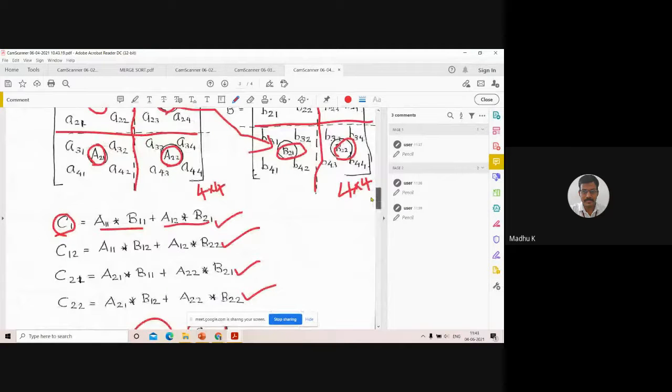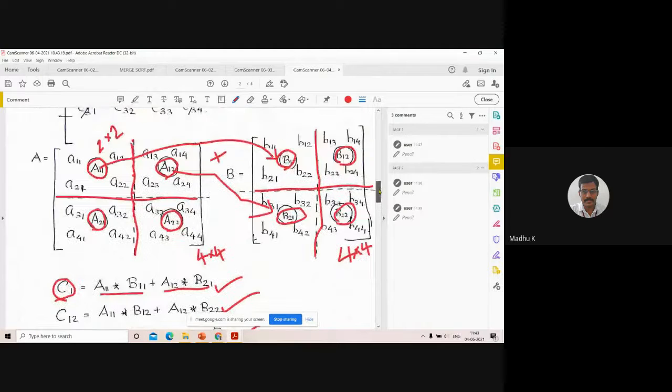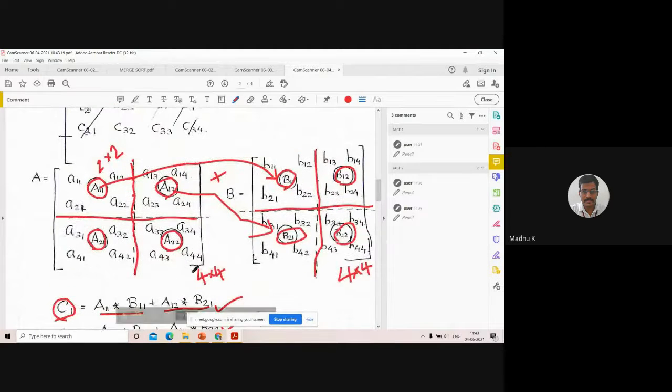Which means we can do the matrix multiplication in this way also. That is, if this is a 4 by 4 matrix, we can partition it into 4 square matrices of order 2 by 2. Then take these elements as A11, A12, A21, A22, B11, B12, B21, B22.